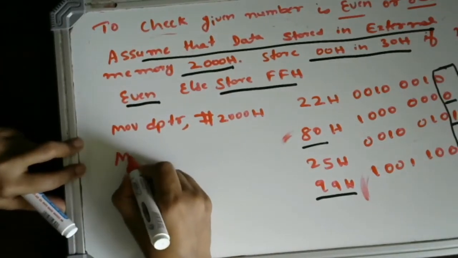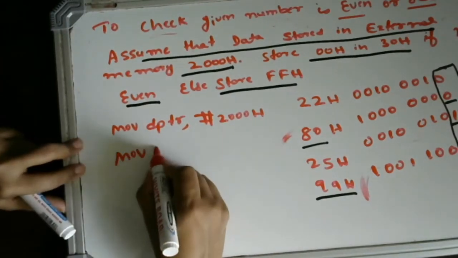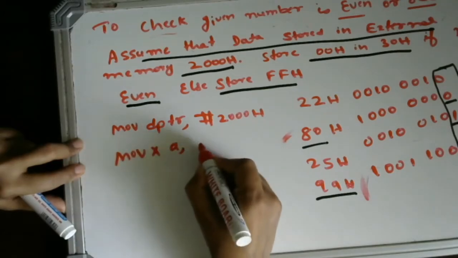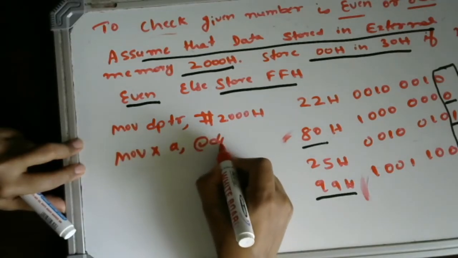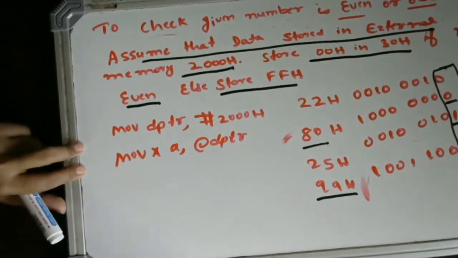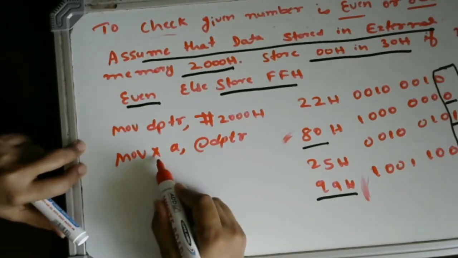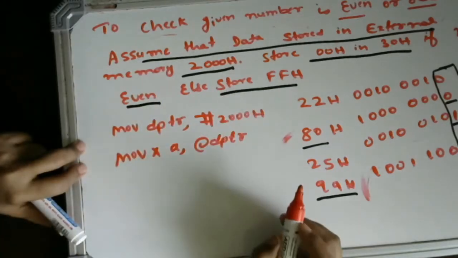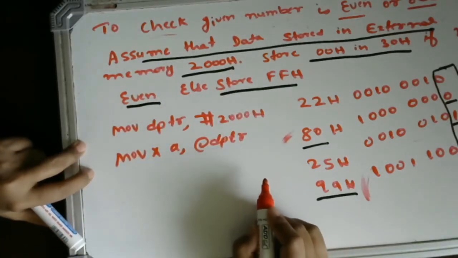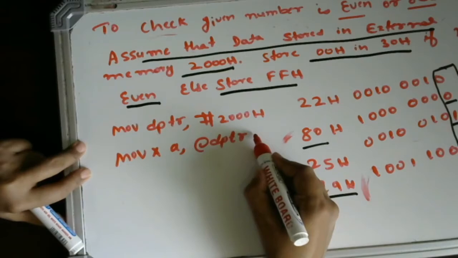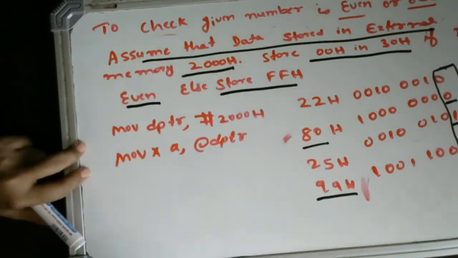For that we use the instruction MOVX A, @DPTR. X represents that we are accessing data from the external memory. When this instruction is executed, A will have the data.